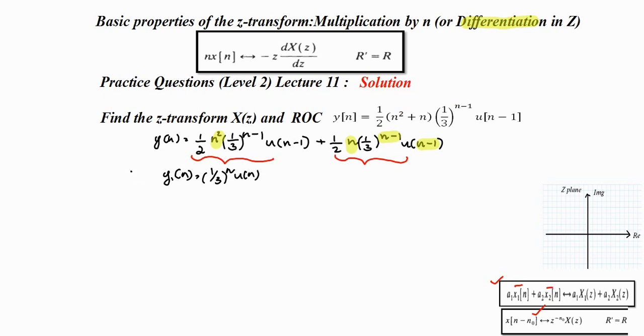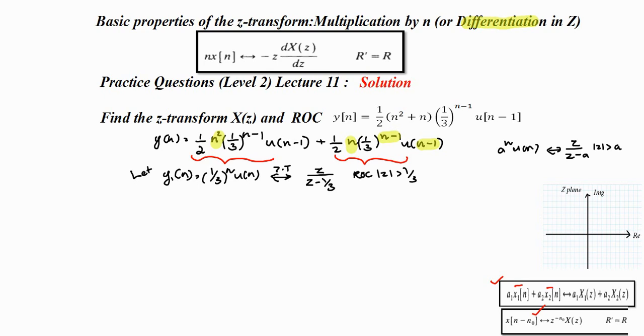It follows the standard form, something like a raised to n into u of n, whose transform can be written as z by z minus a, and the ROC as modulus of z greater than a. Based on this, it becomes z by z minus 1 by 3, and the ROC is modulus of z greater than 1 by 3. So we got one signal.